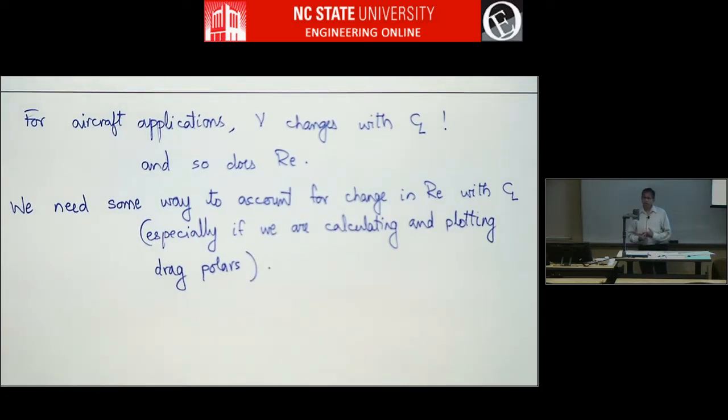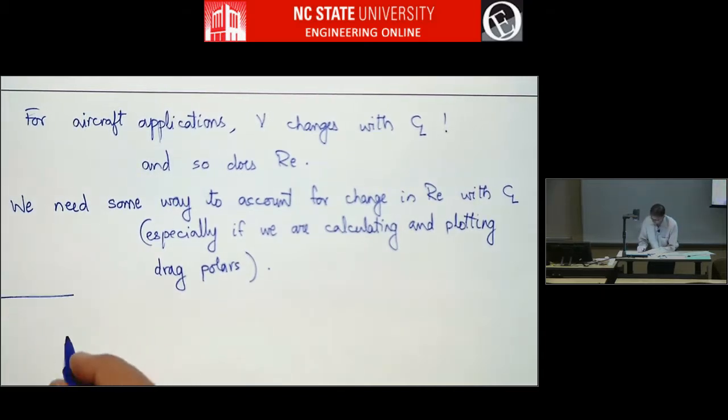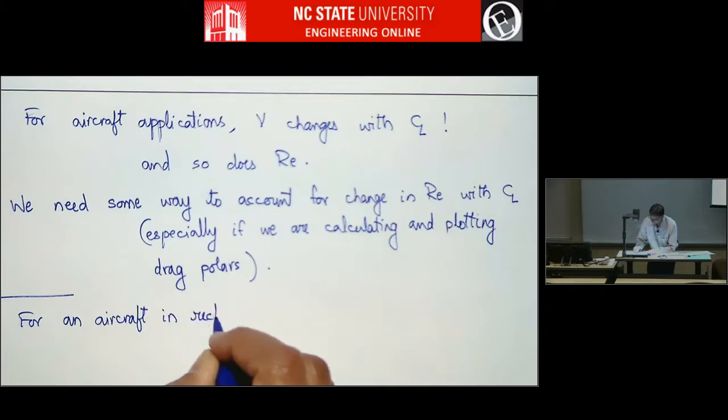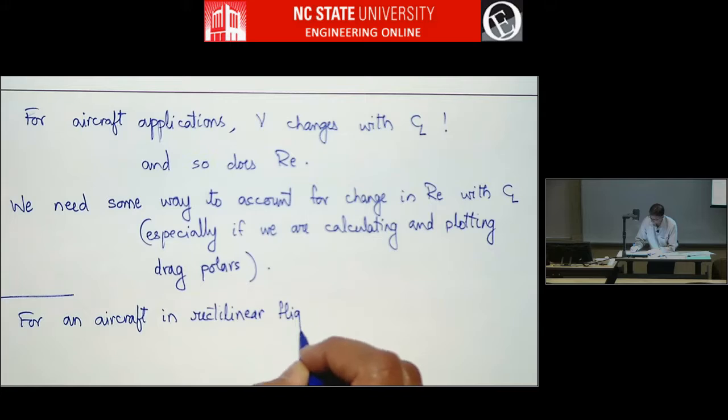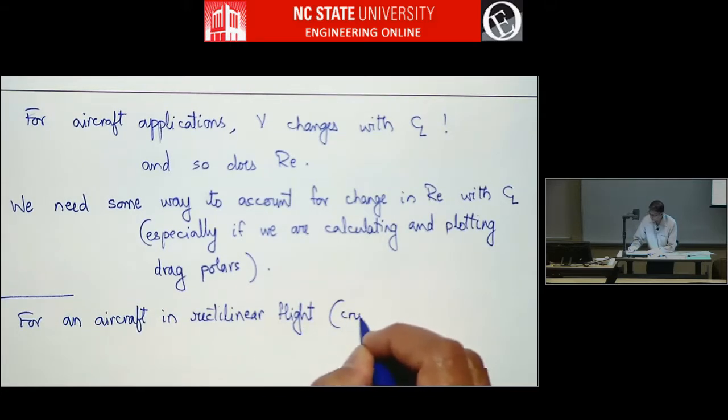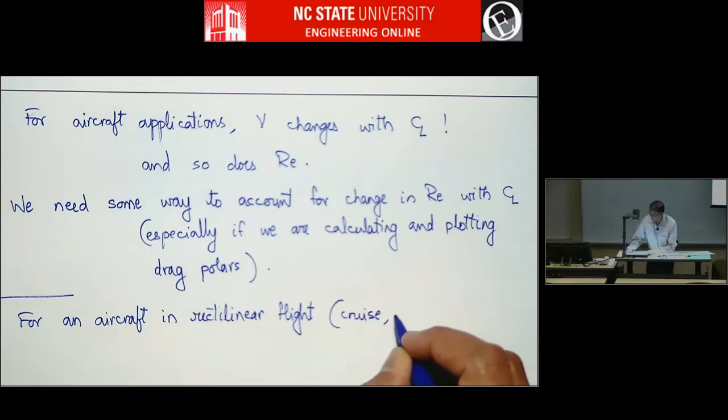So the way to do this is to look at how velocity changes in flight for an airplane, for an aircraft in rectilinear flight. Rectilinear flight is cruise.